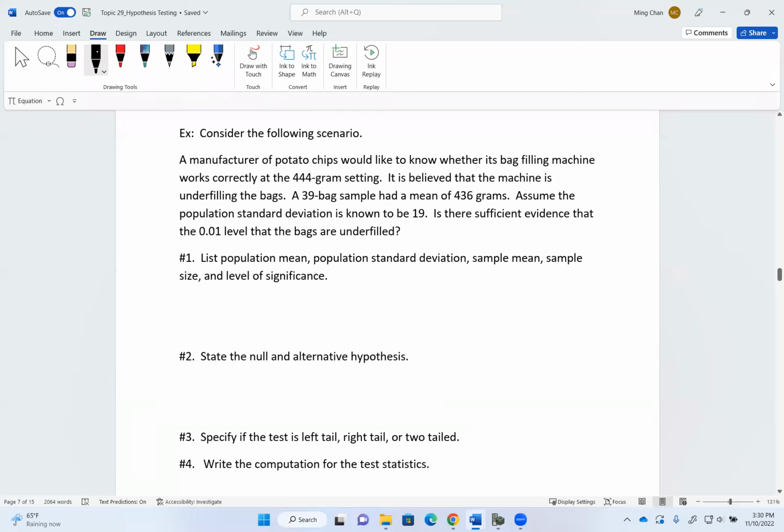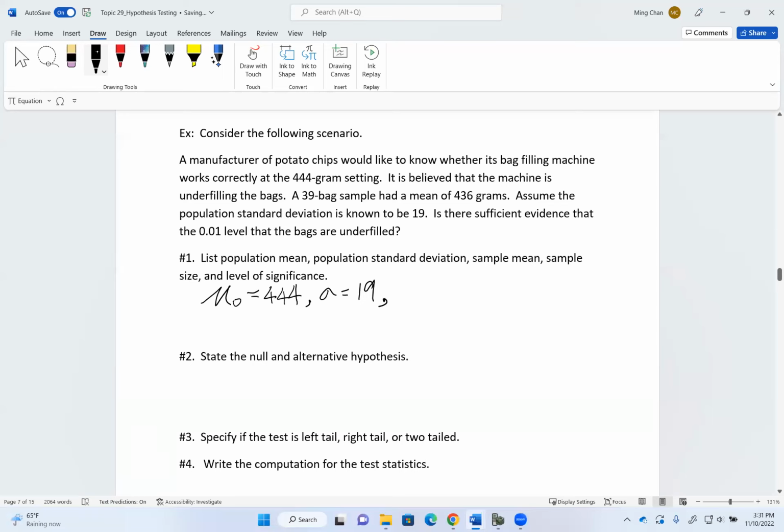We are trying to see if we have enough evidence, based on all the givens. Number one, list the population mean, mu sub null. They're saying the mean is at the 444 gram setting. The population standard deviation is 19.